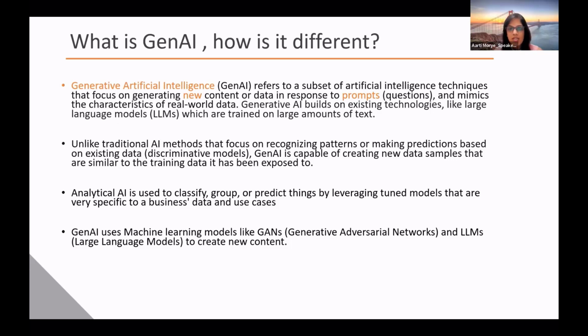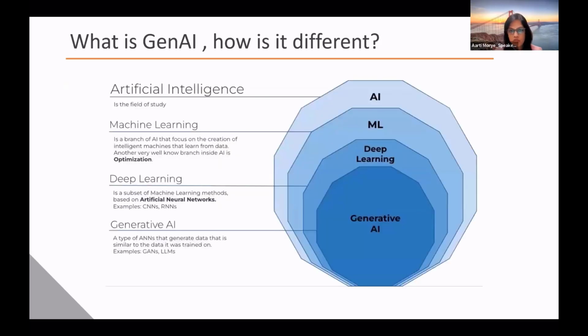Now, on this slide, we have come across a lot of terminologies. We have talked about Gen AI and prompts and GANs and LLMs and so on. So let's look at how this looks in the whole AI landscape. AI is a field of study.